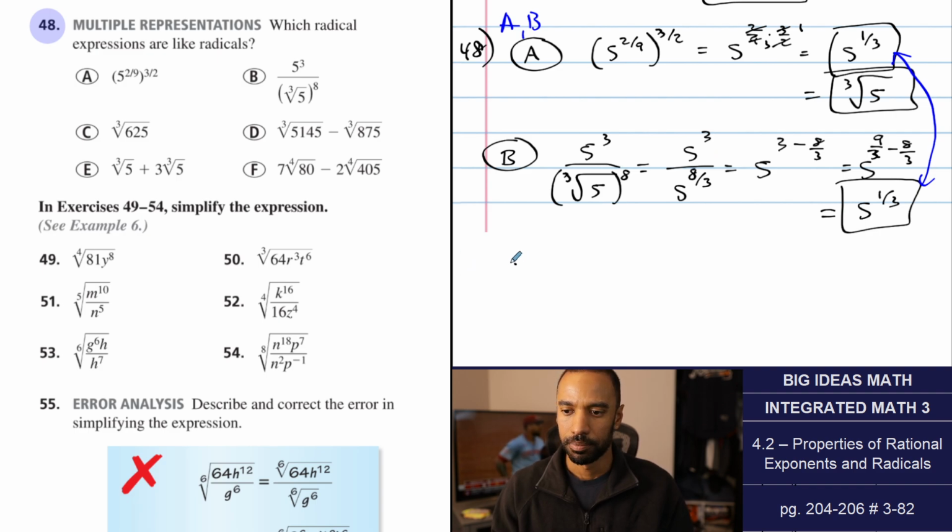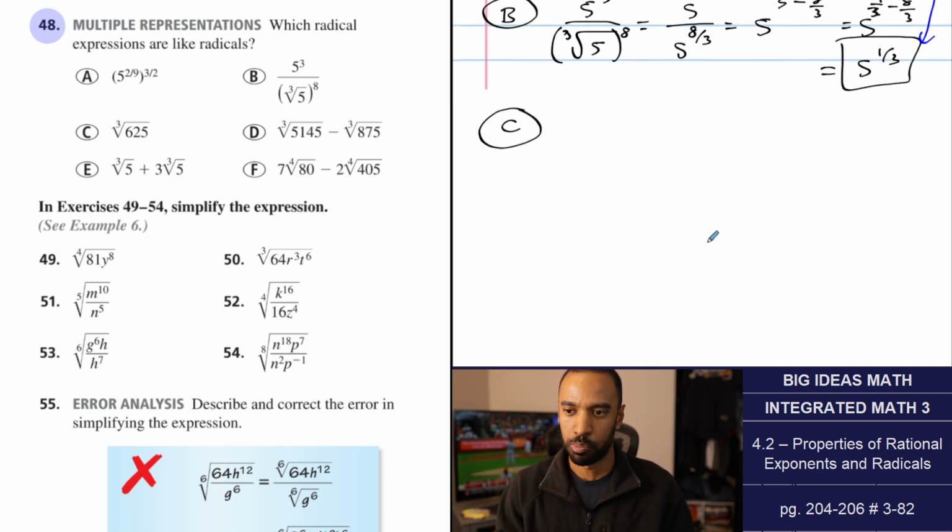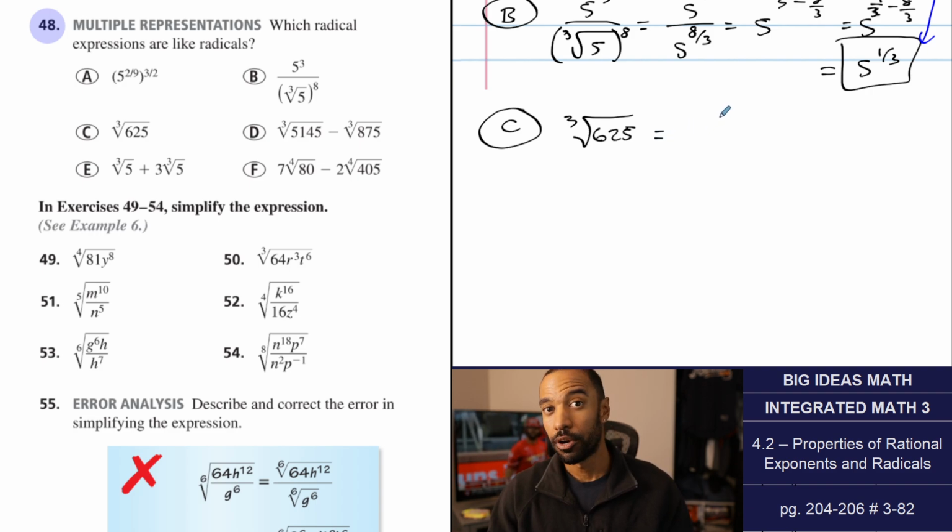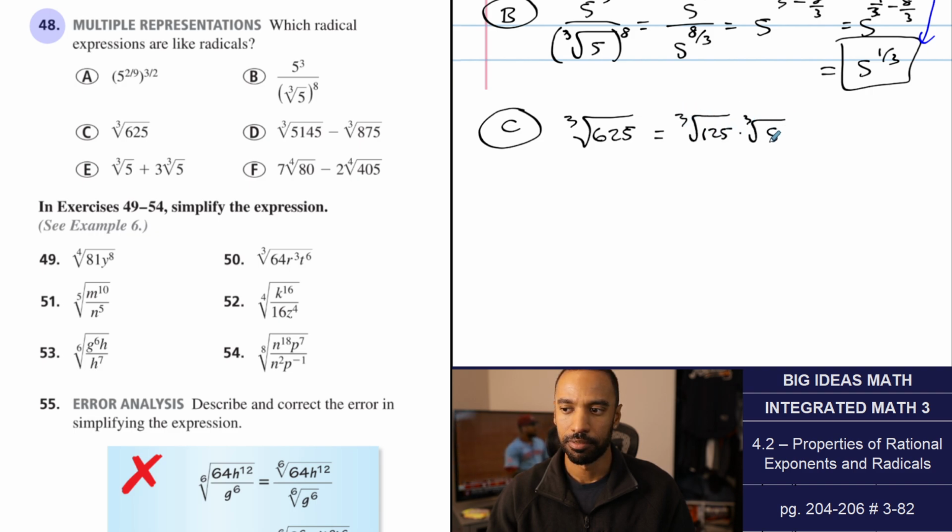Okay, part C. And I'm reaching the bottom of the page. Boo hiss. Part C, we have cube root of 625. Now, 625 can break up into 125, which is 5 cubed, and you can divide 625 by 125 and you get 5. So you get cube root of 125 times cube root of 5.